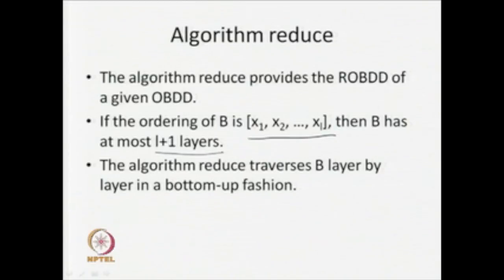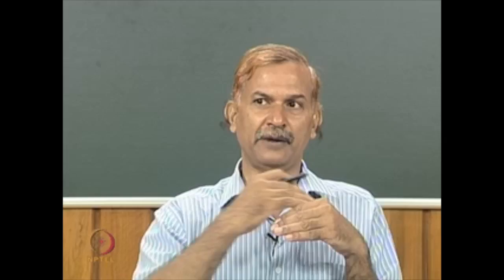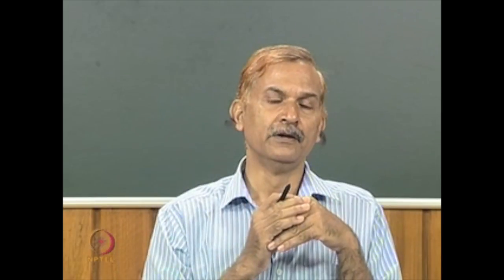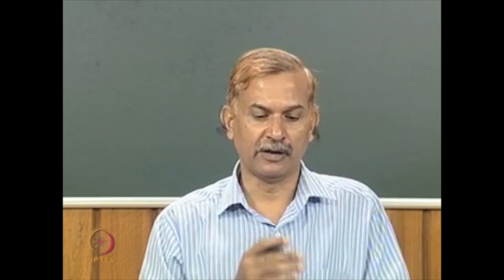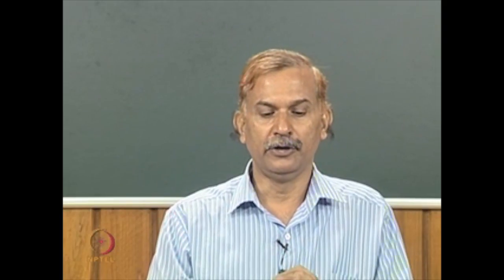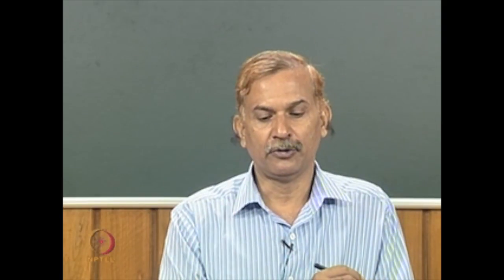So, we have a BDD representation of our Boolean function, and this algorithm is going to traverse it from the bottom layer to the top layer. That means we start from the terminal nodes, then traverse back to the root node, and eventually apply some rules so that we can get the reduced BDD. Okay. Now, in this particular case, we are going to assign an integer label to each node.